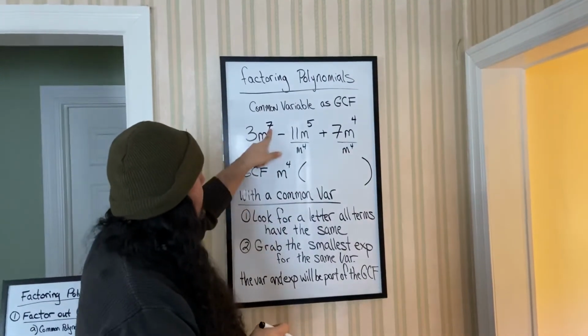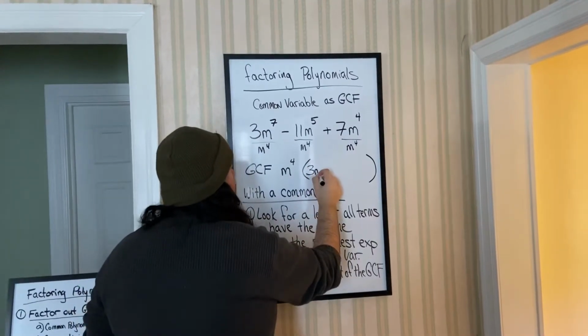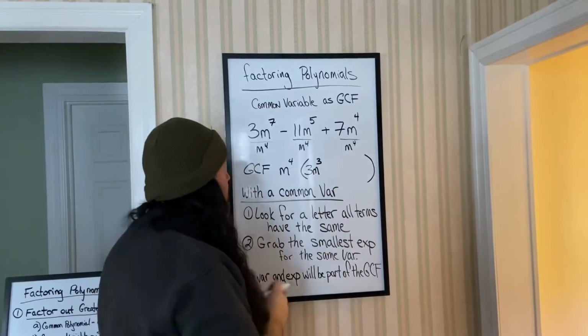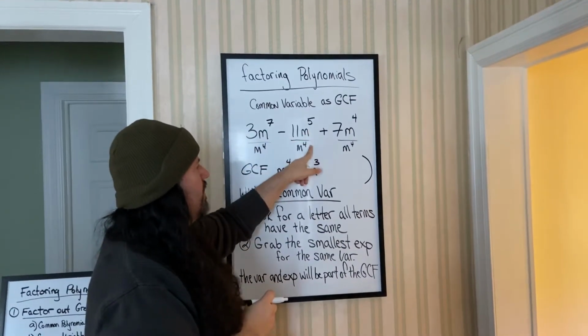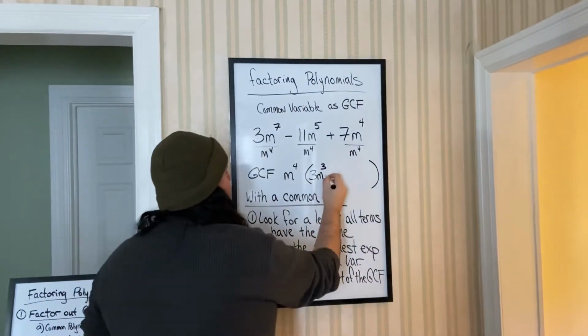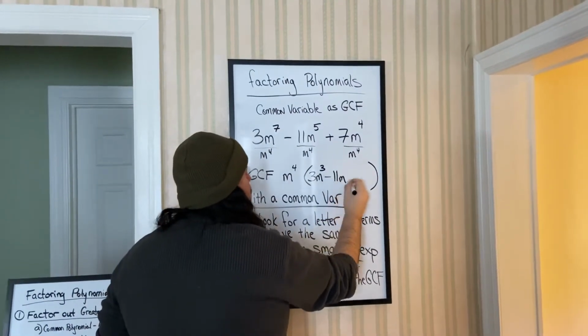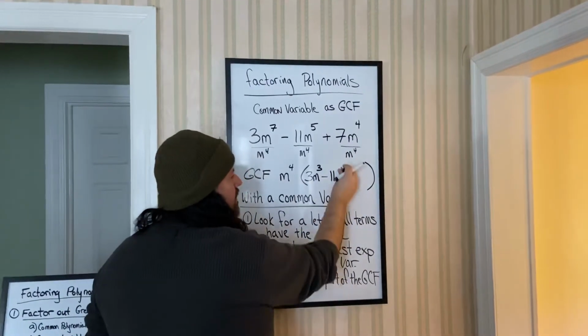So when I do this, 7 versus 4, I know that I'm going to be left with m cubed on top. And over here, m to the 5th and m to the 4th, there's going to be an extra m on top. So negative 11m. You don't have to put a 1 here. You can leave it without the 1.